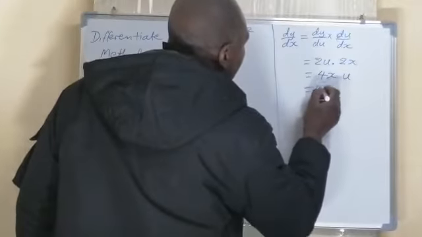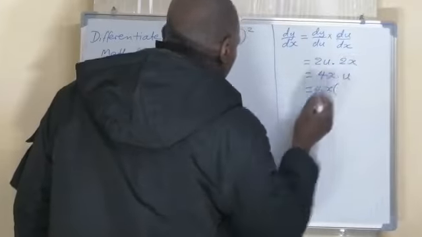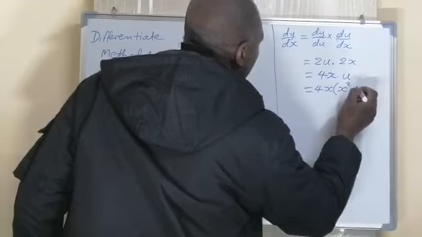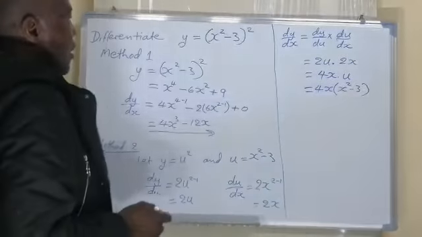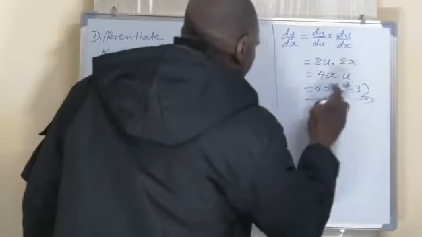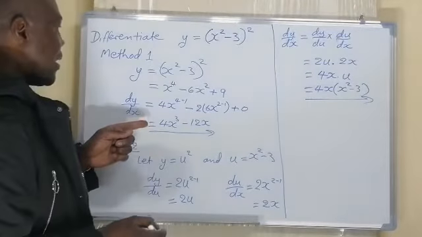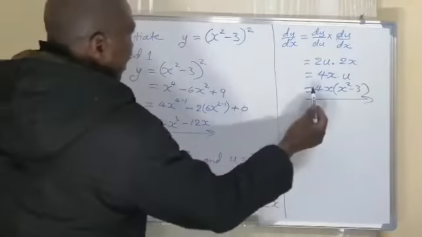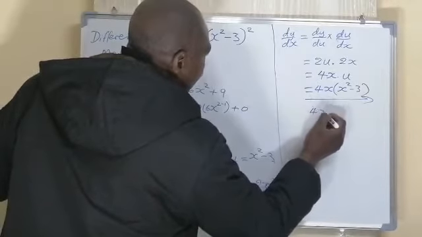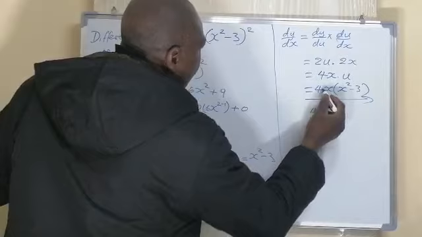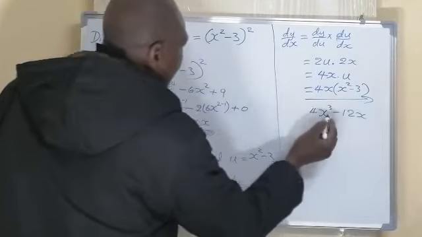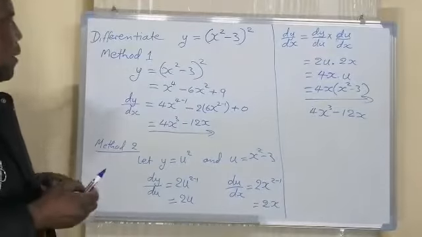Meaning that we end up with 4x, and then u is this x squared minus 3. This and this one, they are exactly the same, because if you check 4x times that, it will give us 4x to the third, while 4x times minus 3 is minus 12x, which is identical to this one.